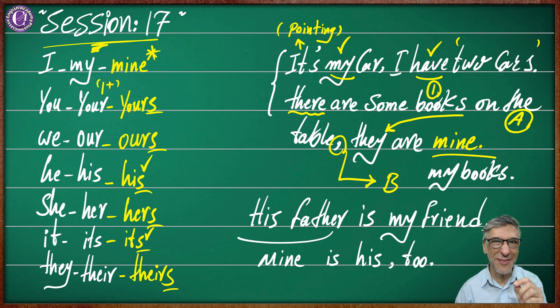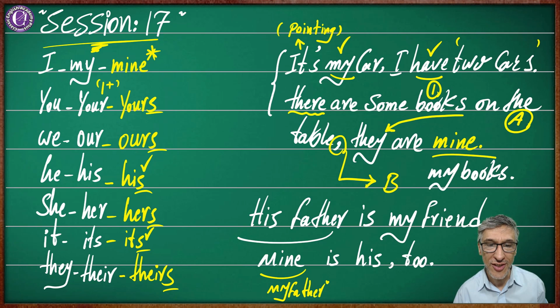Oh, this is a little bit difficult. I know that. Mine means my father. Here is my father. I do not need to repeat father because we have father here. Mine is his too, means his father. You see, look at this one, his father.